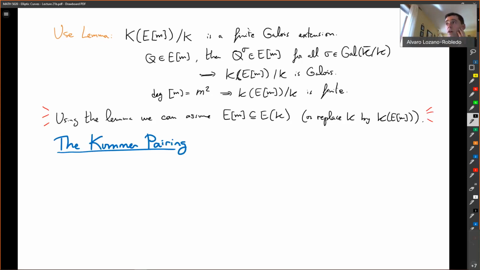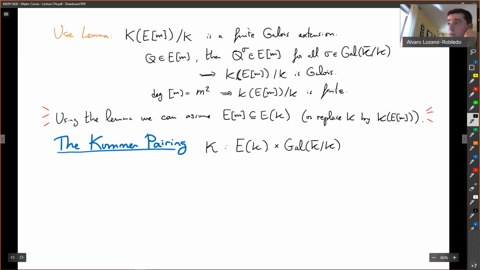So here is the Kummer pairing: a pairing kappa from E(K) cross the Galois group of K bar over K to E[M]. We're going to find the left kernel and the right kernel to make this what's actually called technically a perfect pairing. But for now, just from E(K) cross the absolute Galois group to M-torsion, and it is defined as follows.